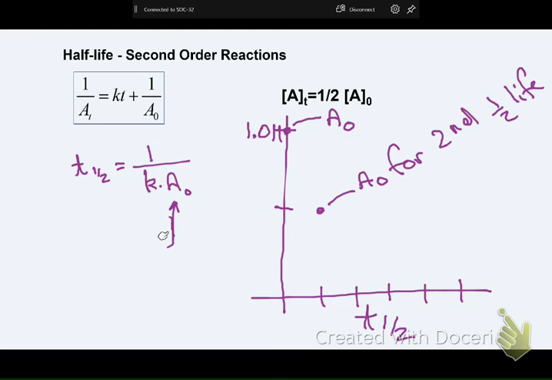It'll double, be twice as big. Because if I divide by a number that's half the size, then the result will be twice as big. And so the next half-life is actually this long. That's the second half-life. It's twice the original half-life.